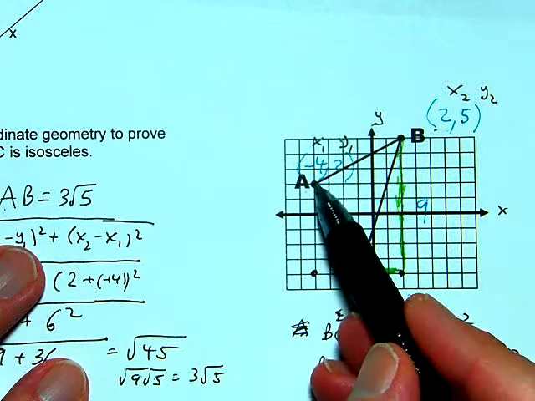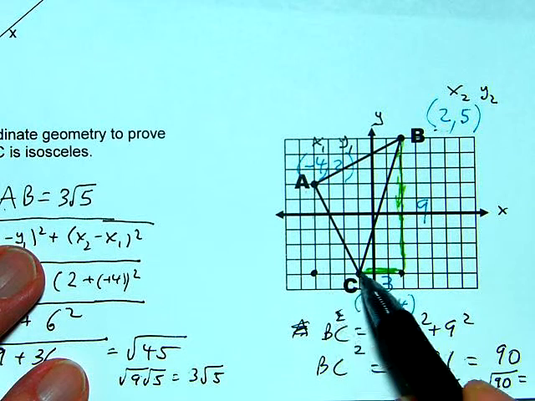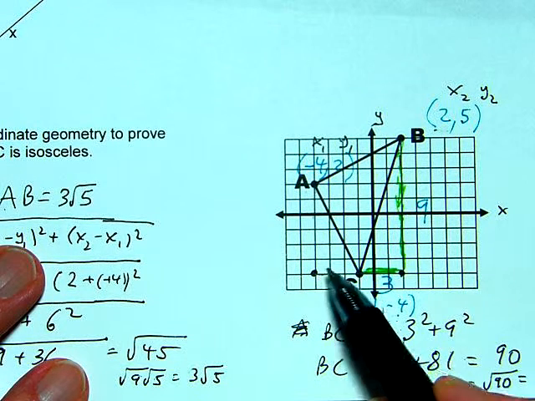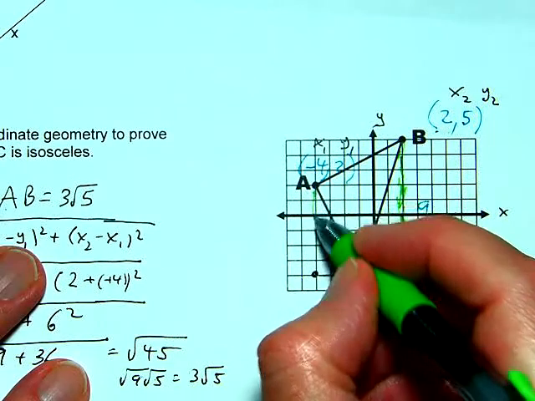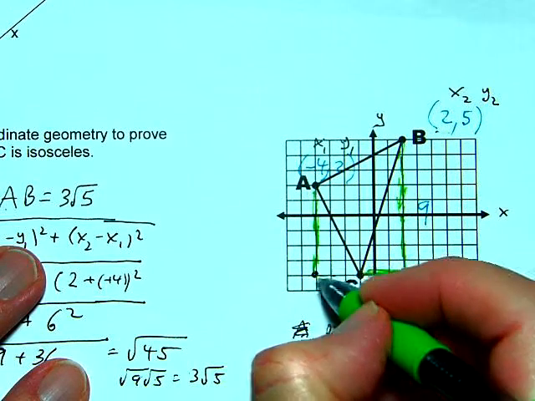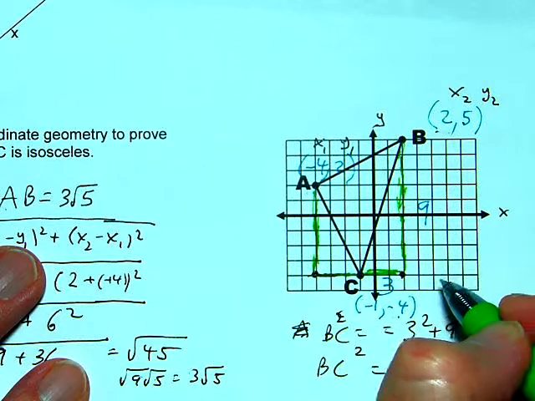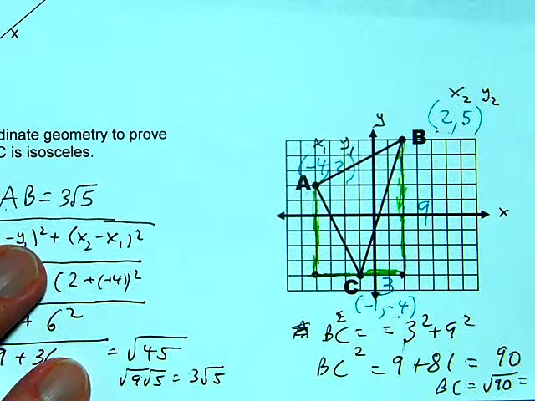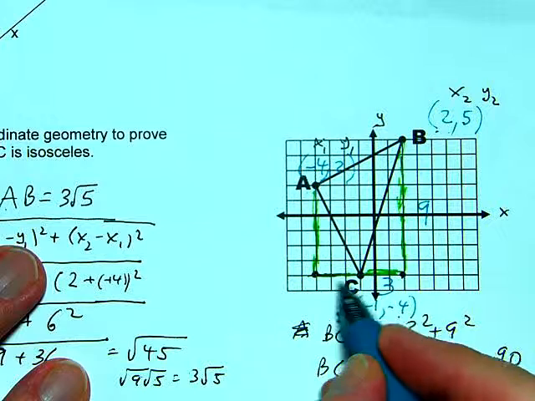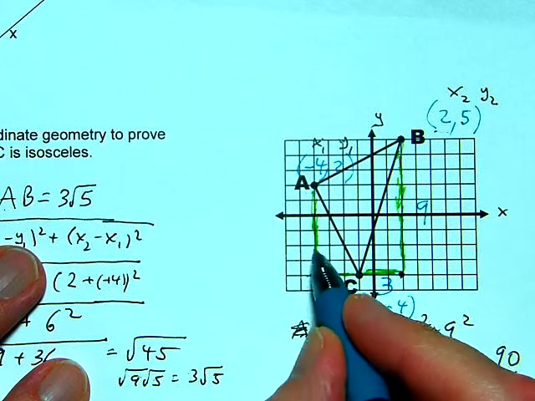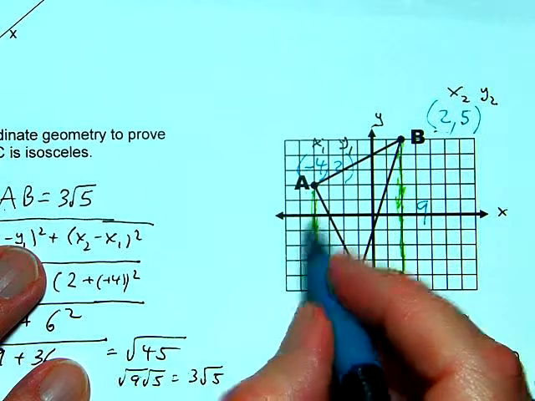This time I'll just do it by looking downward from A and leftward from C, and where they meet will be the vertex. So now I'm going to put on a vertical side and a horizontal side, and now let's again count the length of this side. This would be 1, 2, 3 in length. This side is 1, 2, 3, 4, 5, 6 in length.